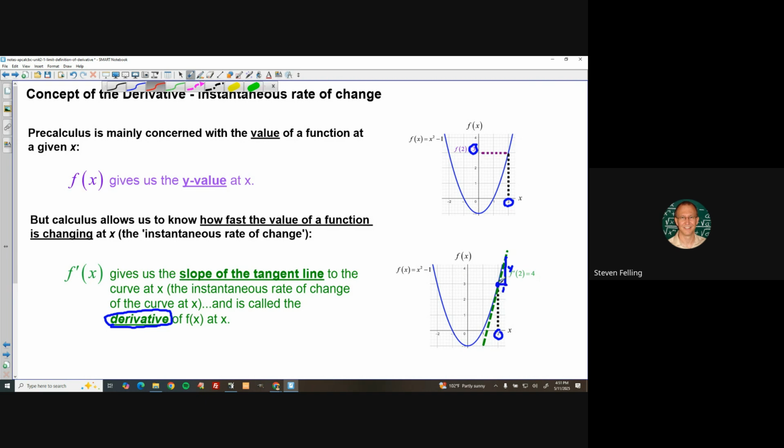Maybe the derivative of the function is 4 at this location, but maybe down here the slope would be more gentle, so maybe positive 1 would be the derivative value here. Down here the rate of change is 0, and over here we would have negative slopes like negative 1 or negative 4. So each individual x value has its own instantaneous rate of change for the function.